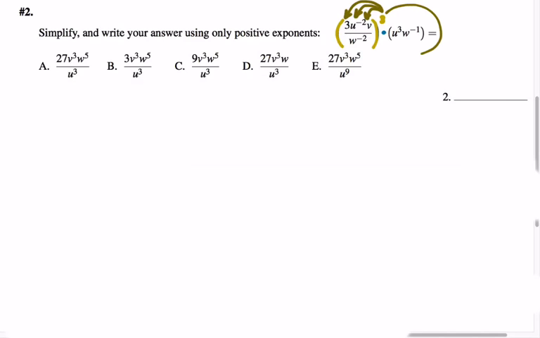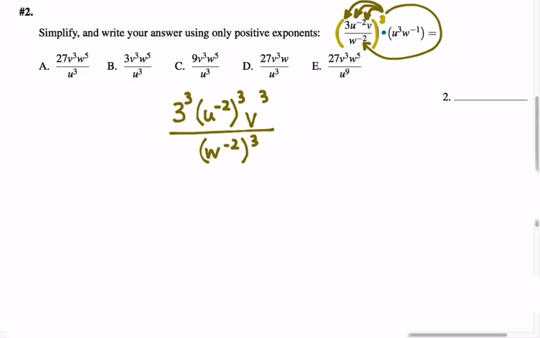So that power has to be applied to every single factor that's inside the parentheses, including the other exponents. Right, so if I want to add in an intermediate step here, what I end up with is 3 raised to that power, multiplied by u to the minus 2 raised to that power, multiplied by v raised to that power, all of that then divided by w to the minus 2 raised to that power.